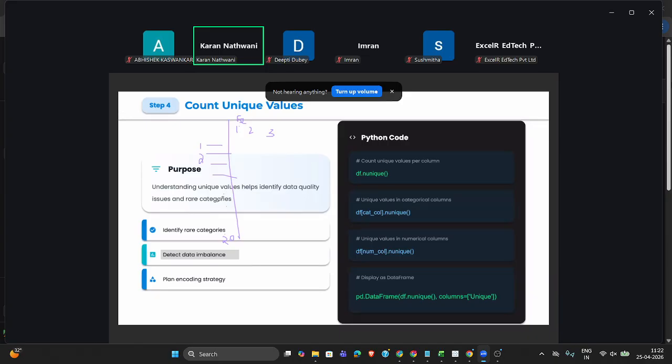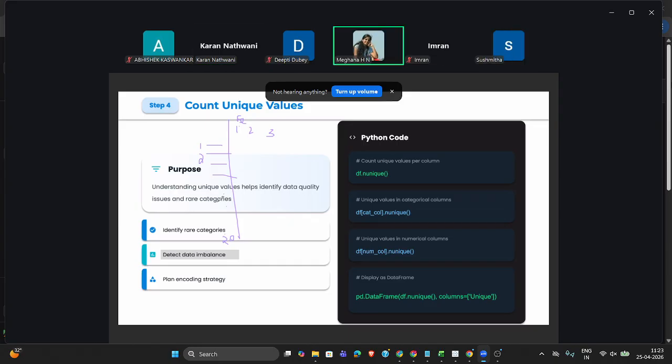Are you getting my point? Out of 20, there are certain repetitions also. Now, what will you do first? Removing the duplicates. Yes, remove the duplicates.